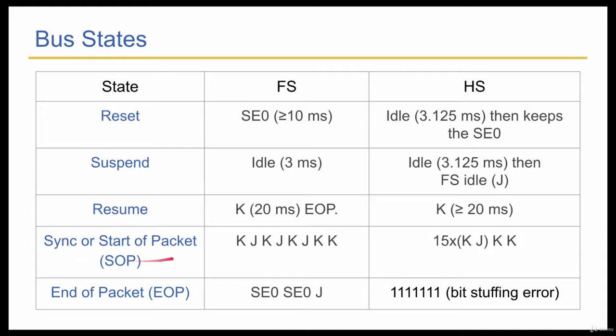And that's good that we said this term, packet. I'm happy that we mentioned this term, because packet is the major entity we will be dealing with as firmware engineers. Basically, when we want to send data over USB, the USB port sends at first start of packet or sync signal, then it starts sending the data we want to send, represented of course in form of K and J signals, and at the end of a packet it sends end of packet signal or EOP.